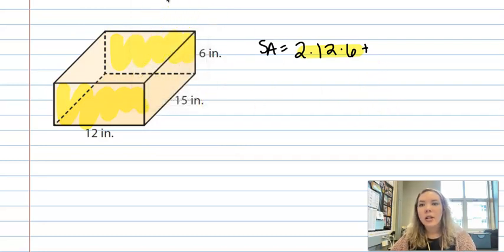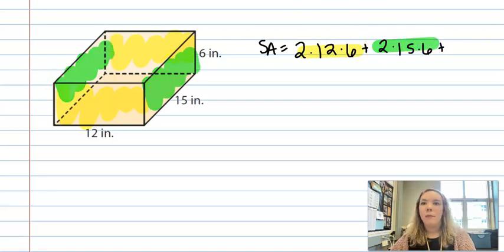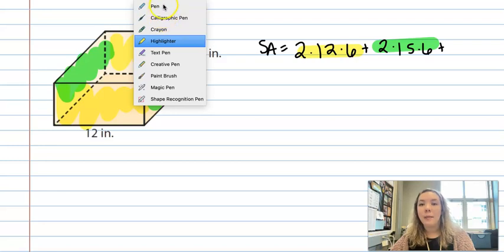Okay, and then let's talk about the sides. So then my sides are 15 by 6. So I have 2 15 by 6s. So let's highlight those in green. That's these 2 sides. And then we have one more, the top and the bottom.